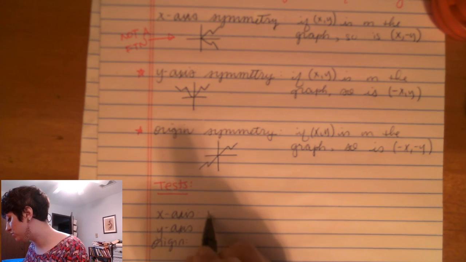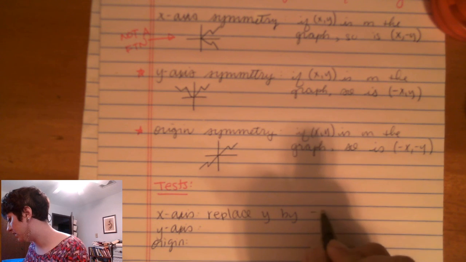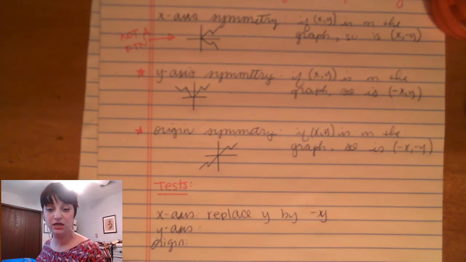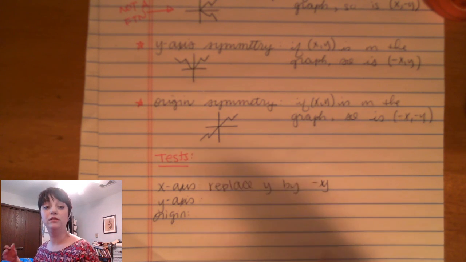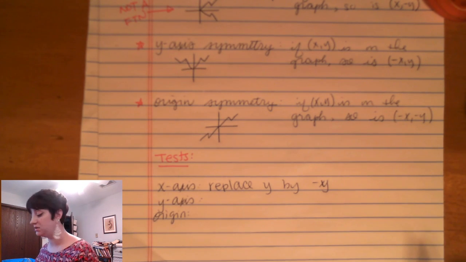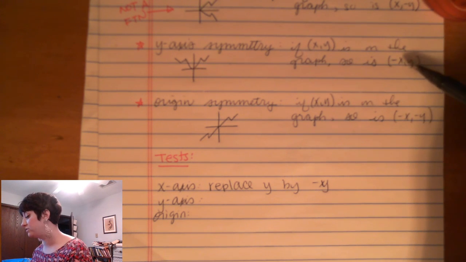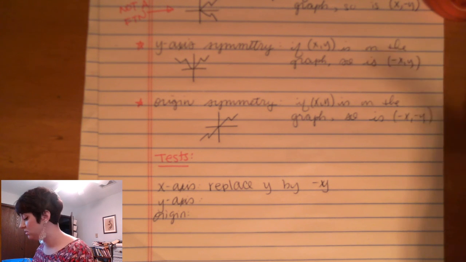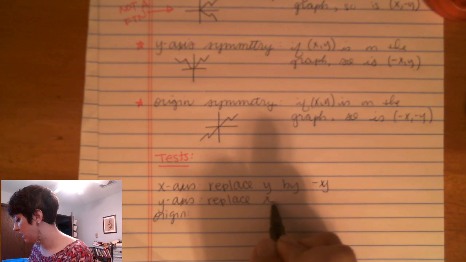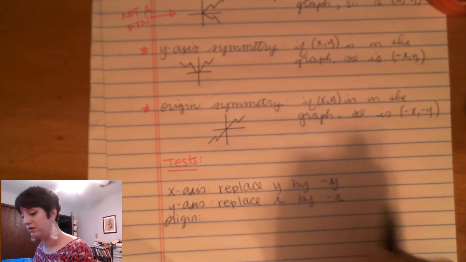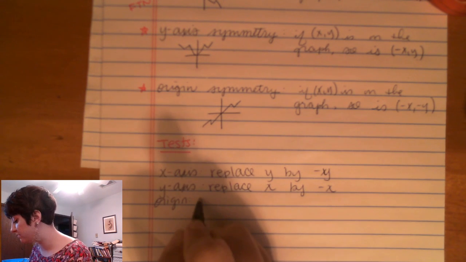So I'm going to replace y by negative y. That's going to be my test for the x-axis. If I end up with something true, then I have that symmetry. For y-axis symmetry, if (x, y) is on the graph, so is (-x, y). So for my test, I want to replace x by negative x. Then for the origin, I'm going to replace both.